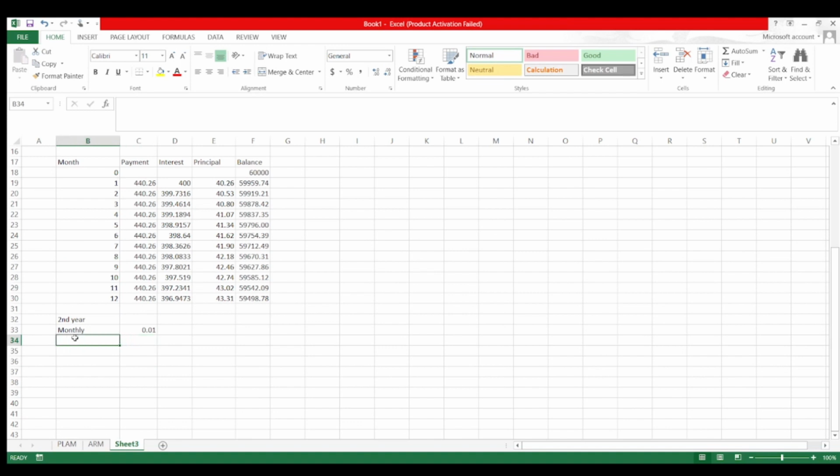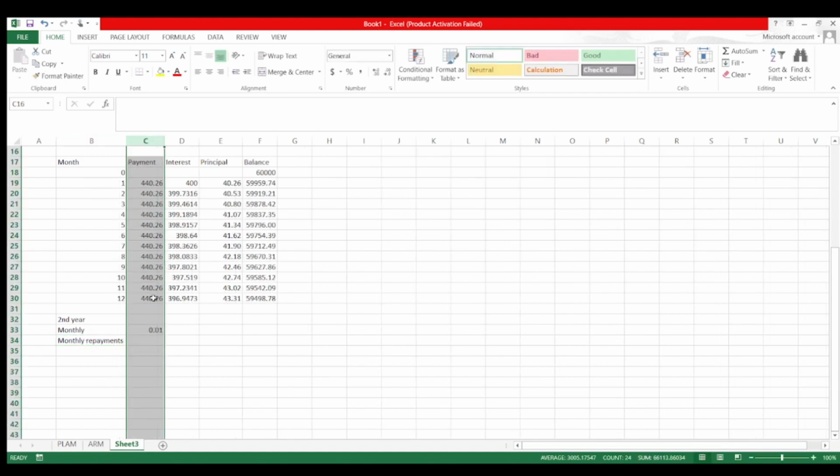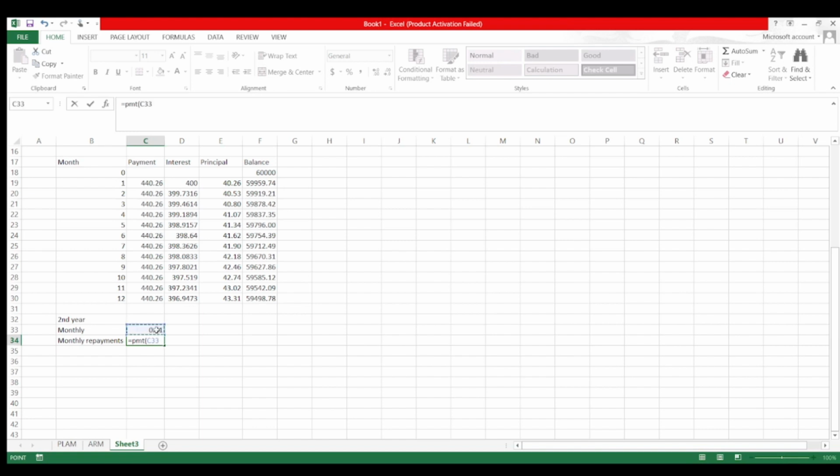And in this case, our monthly repayments will also change, since the amount will now be equals to PMT, take the rate, and the number of periods.